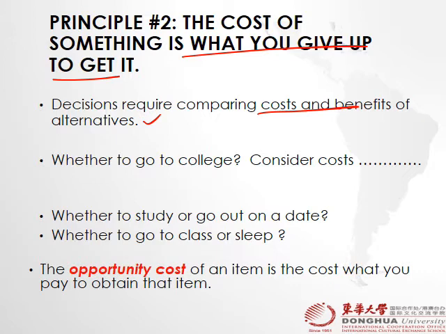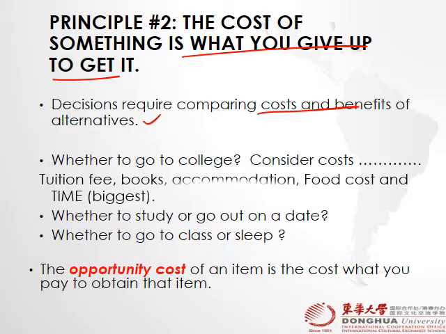So think about that. Whether to go to college, consider the cost. What are the costs? The costs are tuition fees, books, accommodation, food cost, and the biggest one is the time. So whether to study or go out on a date, it involves a trade-off, and what are the costs? Whether to go to class or sleep, there are two options, yes, and what is the cost of the foregone option, right?